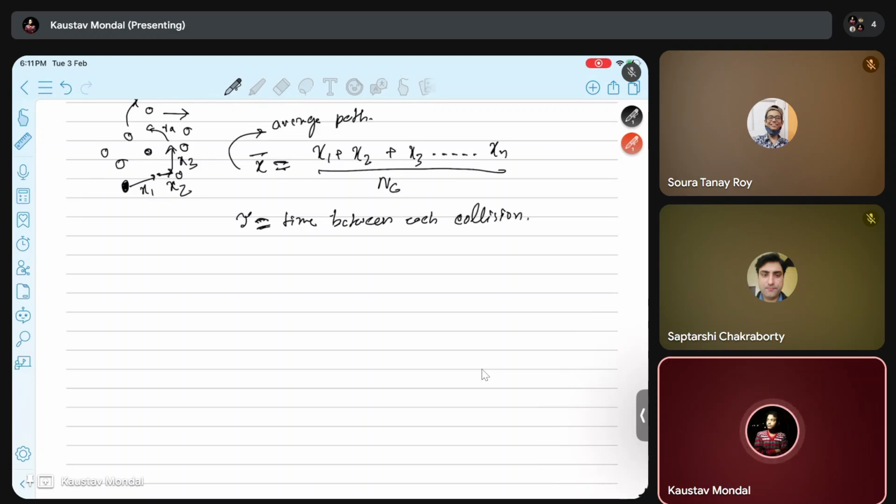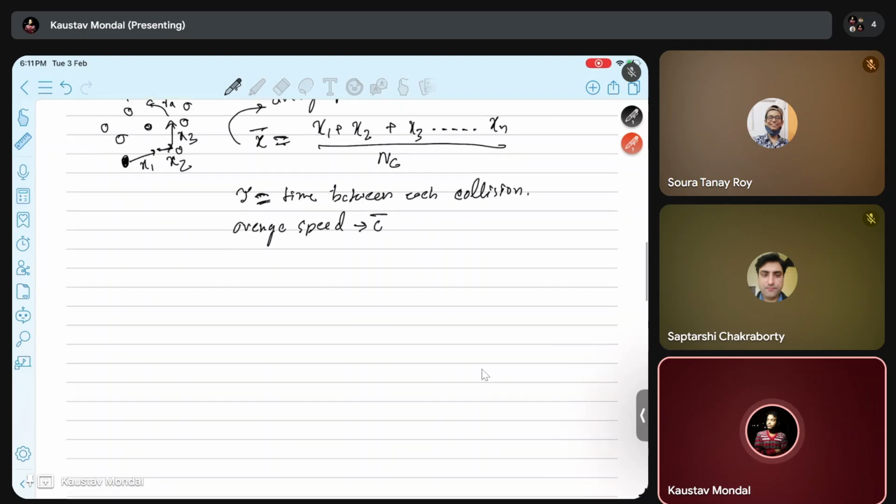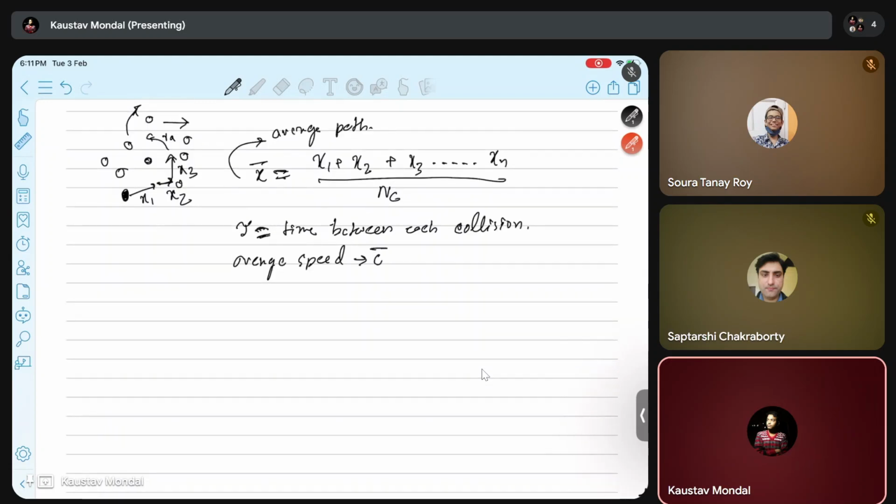If you know the tau, that is the time between each collision, and the average speed, that is the c bar of this particular molecule, then from that you can also calculate the average path, the mean free path.